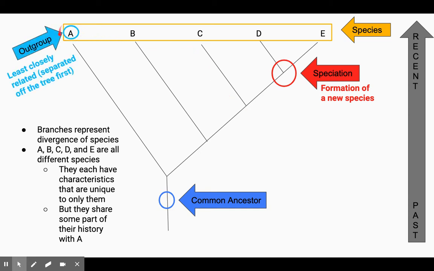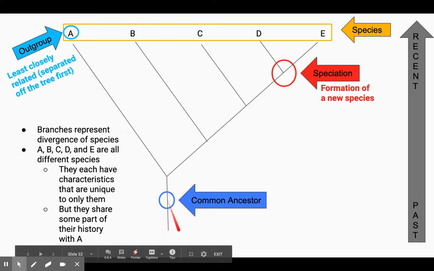Letter A represents what we call an outgroup, or the least closely related species to these other species. And that's because they separated off the tree first, right? They came right off of the common ancestor. There are no other branches before them. They are the least closely related to everybody else.